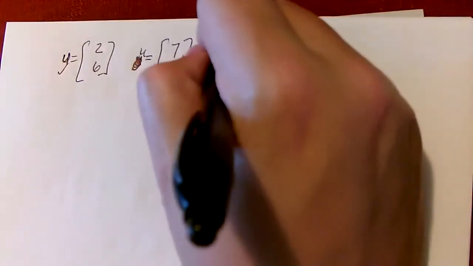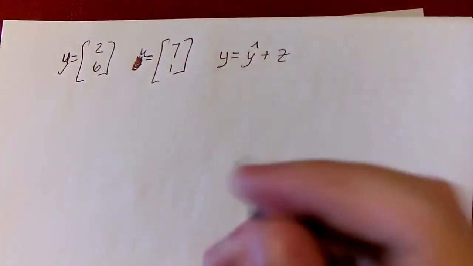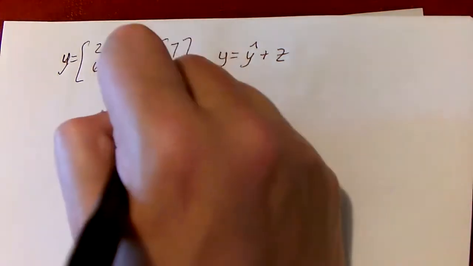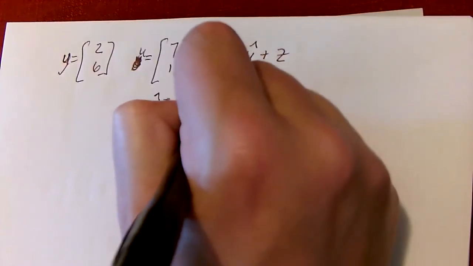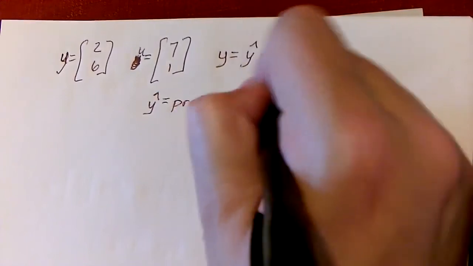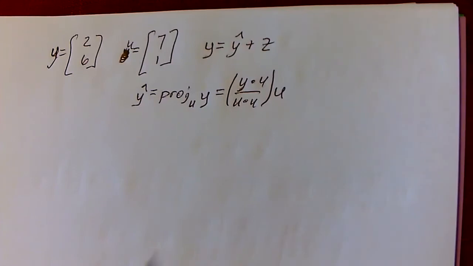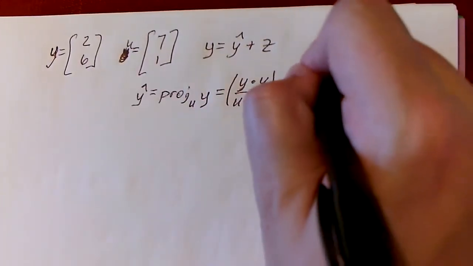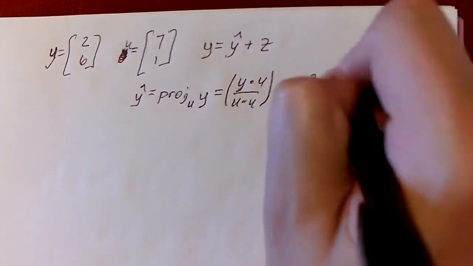So we're going to do the same thing. I'm looking for y is equal to a y hat plus a z, and we're trying to find y hat and z, and they should be orthogonal to one another. Okay, so y hat is equal to the projection of y onto u, which is going to be y dot u divided by u dot u times the vector u, which for us will be 14 and 6 is going to make 20 over u dot u is 50 times u.